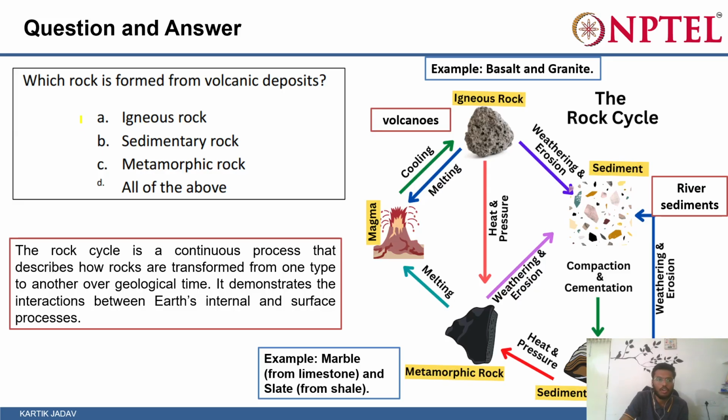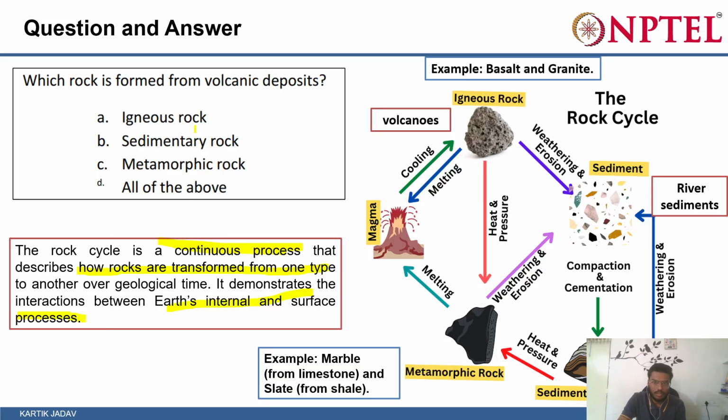We know that the rock cycle is a continuous process that describes how rocks are formed from one type to another over geological time, and it demonstrates the interaction between Earth's internal and surface processes.